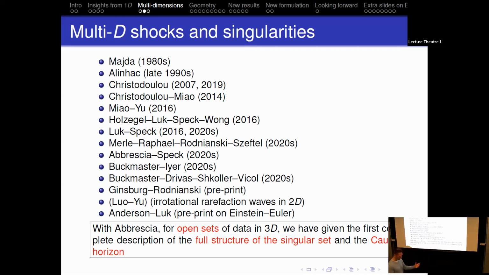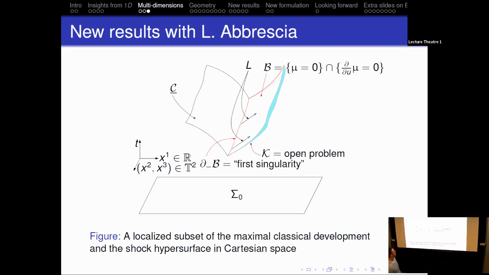So a complete description in a neighborhood of the set that we call the crease. Okay, so here's the picture. This is a 3D picture. I'm not going to explain all of the things on the slide. I just wanted to show you the picture. This is simply a multi-dimensional analog of the 1D picture that I showed to you earlier.